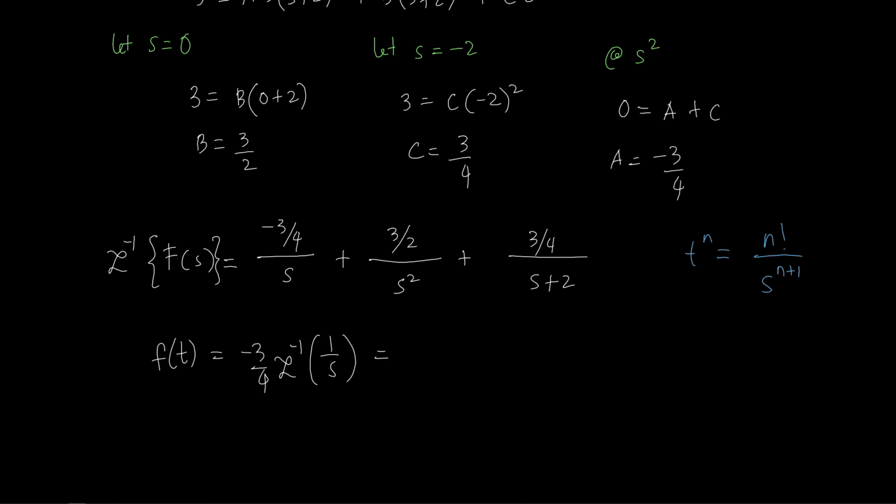So, we need 1 factorial on top. What is 1 factorial? Just 1. So, we can pull out 3 halves. All we need inside is 1 factorial. So, 1 over S squared.